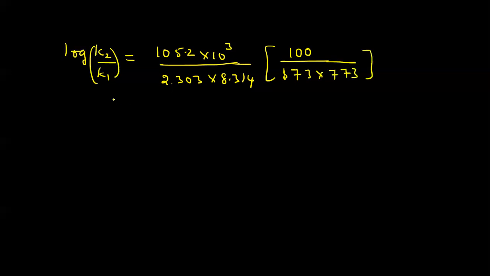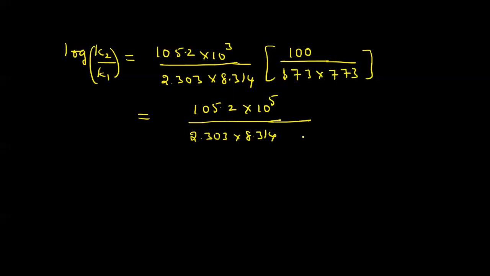First we will find this entire expression. That will be 105.2 into 10 power 5 divided by 2.303 into 8.314 into 673 into 773.